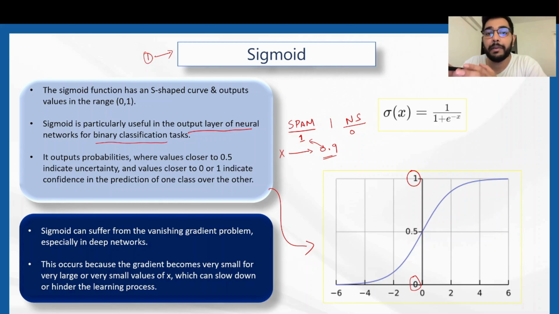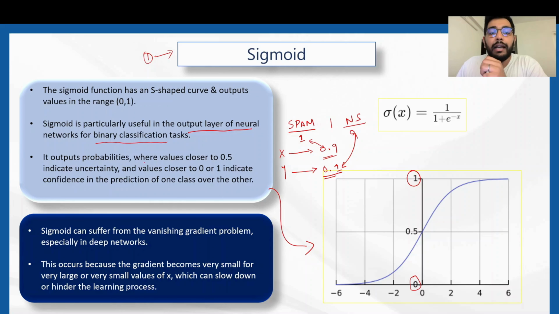It's saying that there is a 90% chance that the email X is a spam email because 0.9 is very close to 1. Let's take a second email Y, and the probability output by the sigmoid activation function for that is 0.1, which is very close to 0. Since the probability is very low, it is highly likely that it is a non-spam email.